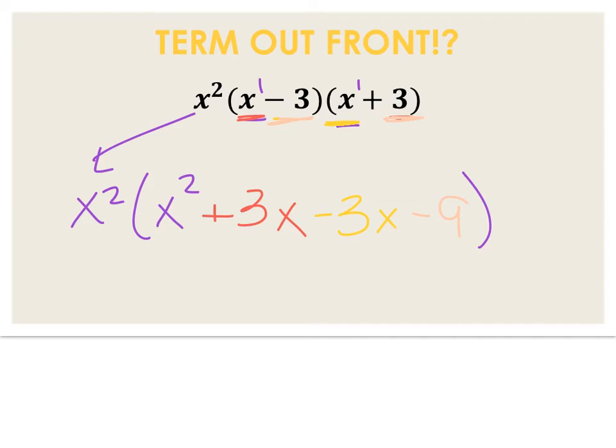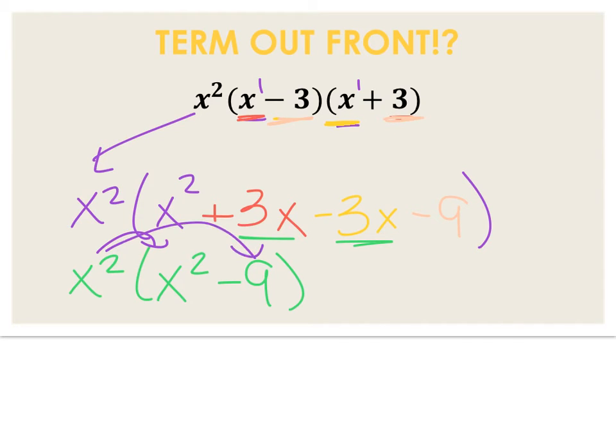Now I'm going to combine my like terms. I have still my x squared out front, but I'm going to combine these two pieces because I can. 3 minus 3, those cancel each other out, and I'm left with just a negative 9. And then I'm going to distribute that x squared.